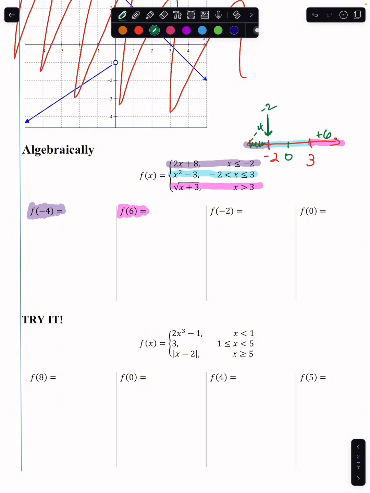So the question is, which equation do I use? Well, I'm going to use the purple one because this right here, I'm going to show it to you really quick, is less than or equal to -2. Okay, so I use that one.